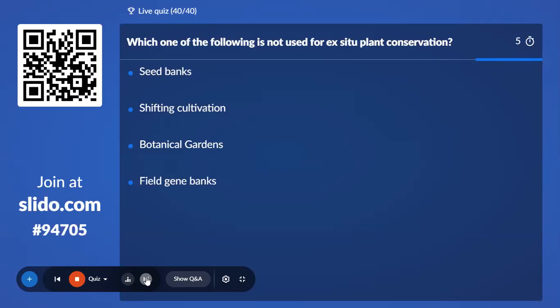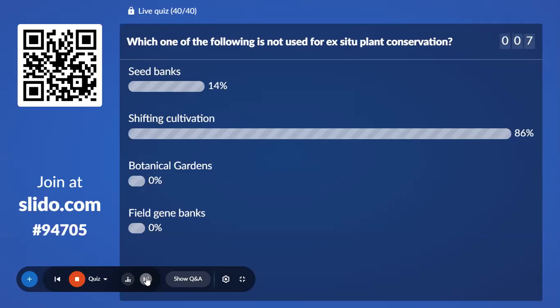Option A, seed banks. Option B, shifting agriculture. Option C, botanical garden. And option D, field gene banks. 86% with shifting cultivation, and it is the correct answer.